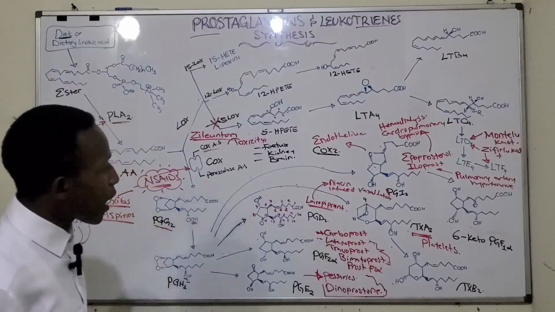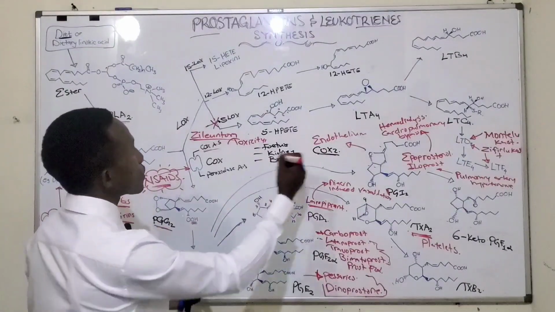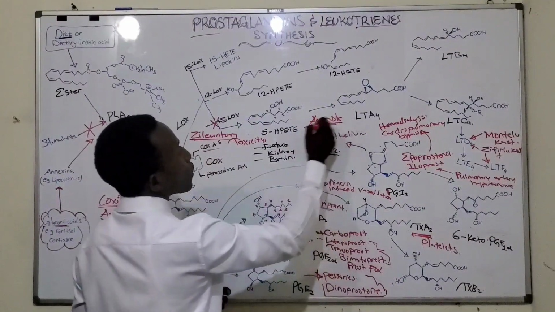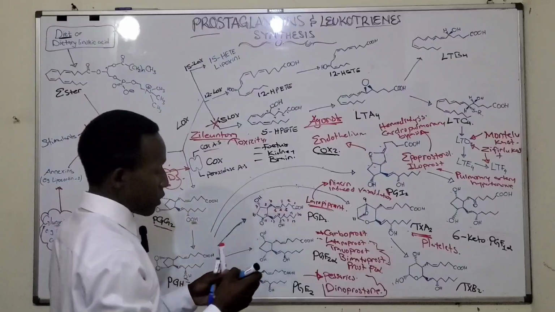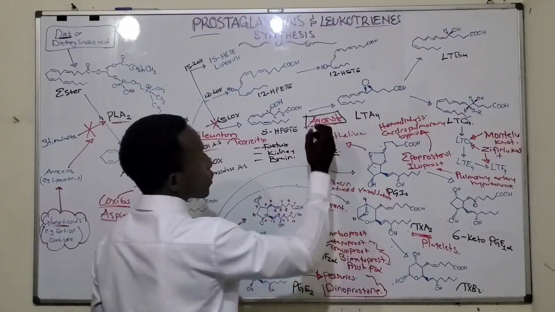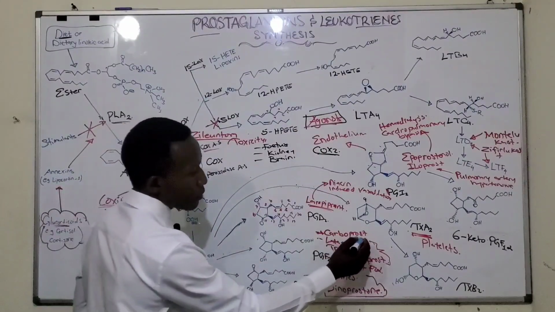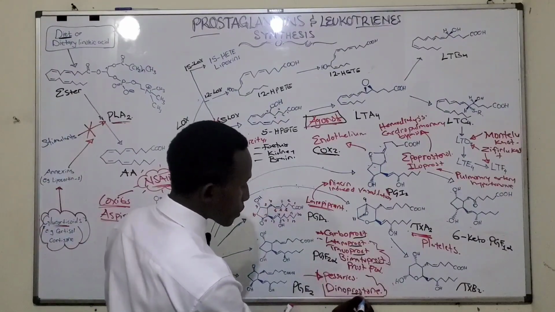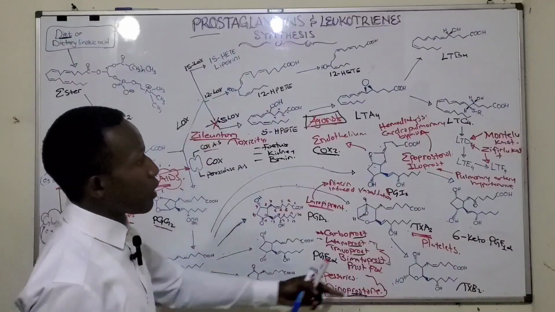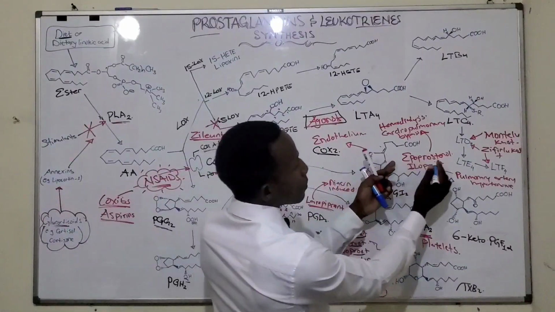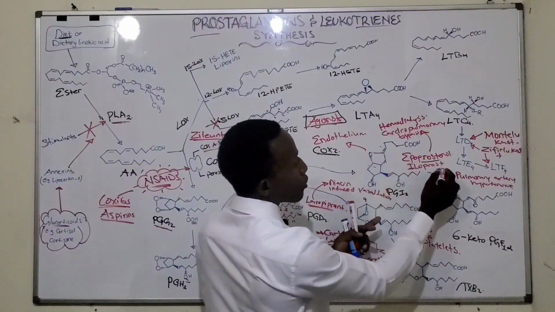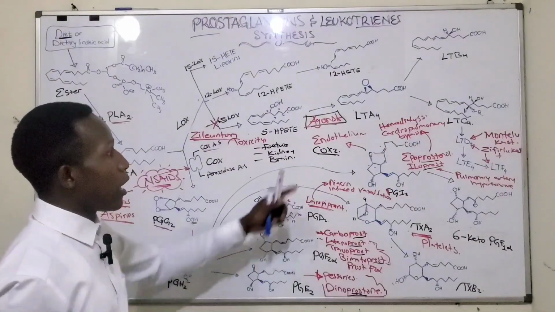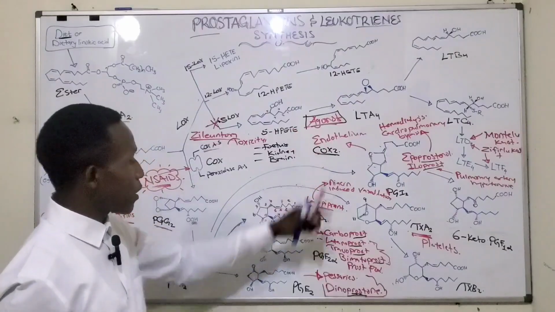You can see that for the agonists, or the stimulants, they have prost everywhere. We have dinoprost, epoprost, iloprost, meaning that they are prostaglandin agonists.